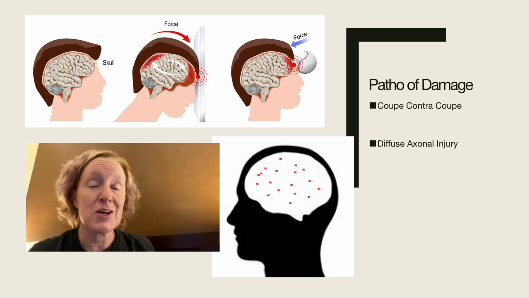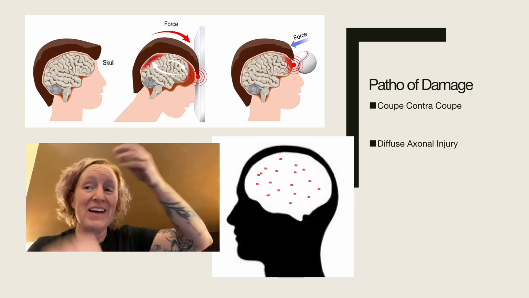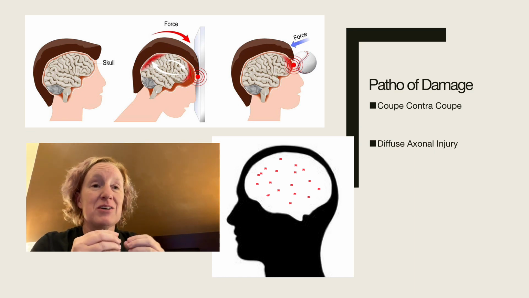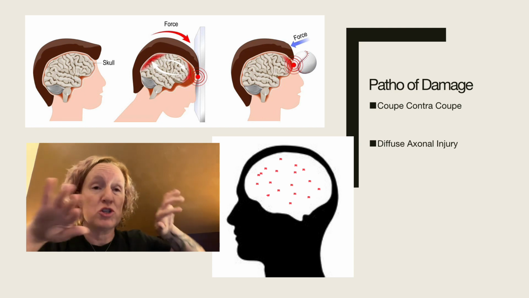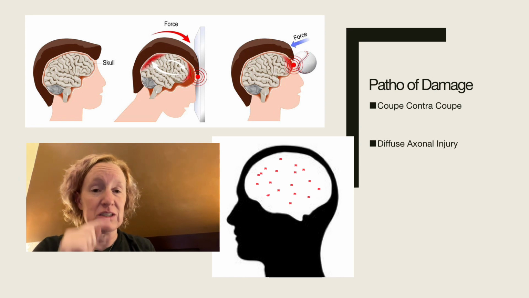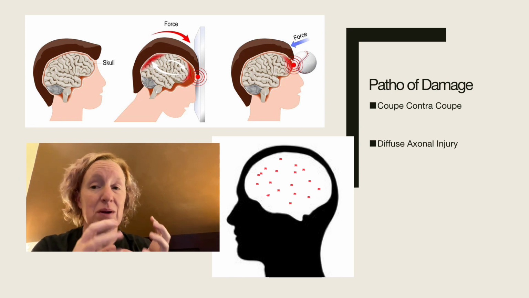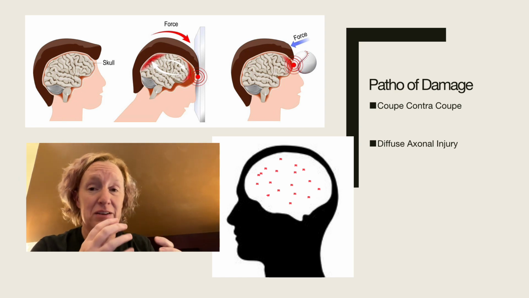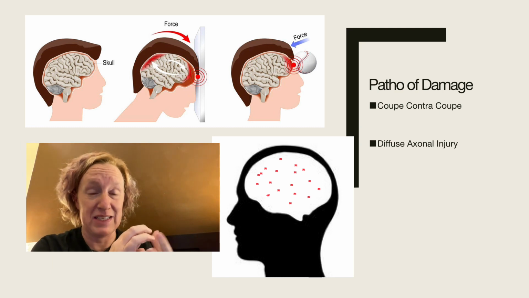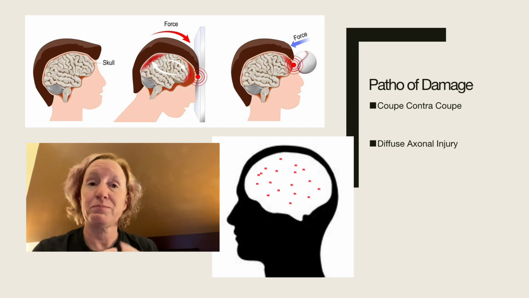It swells. So for the baseball to the front of the head, we have one area of swelling. With coup contrecoup, you've got swelling in two areas, the front and the back. But with diffuse axonal injury, you have microscopic swelling around each one of those areas where the nerves have been sheared. And then more toxins break down and cause more problems.